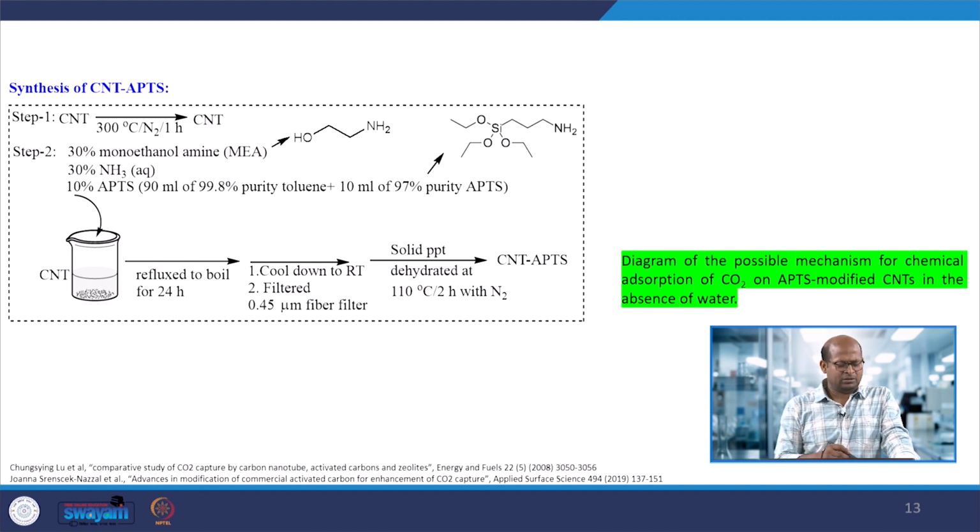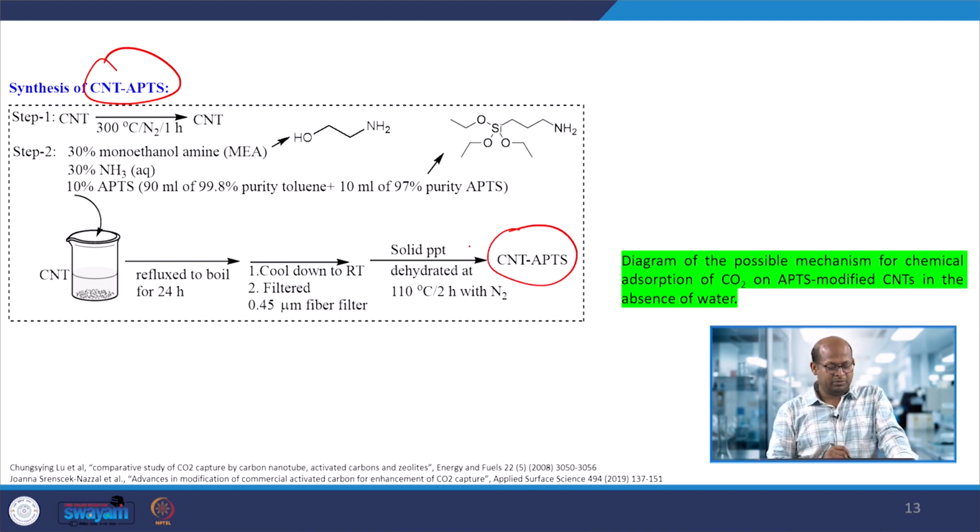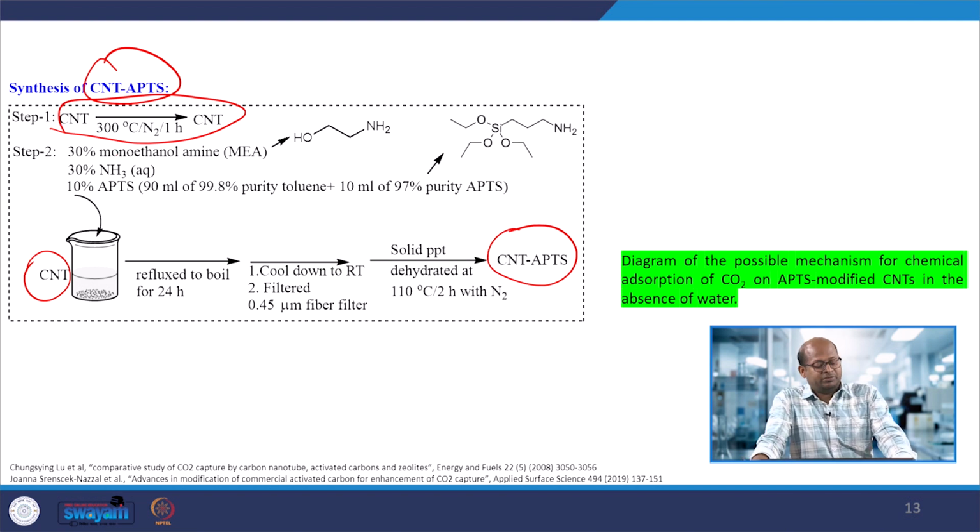Here I said modified CNT, that is CNT-APTS modified. So we can prepare CNT-APTS. Initially you have to take CNT and first heat it at 300 degrees centigrade in the presence of nitrogen for 1 hour.